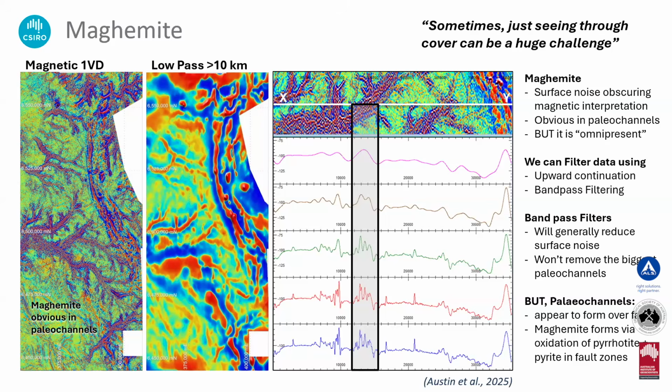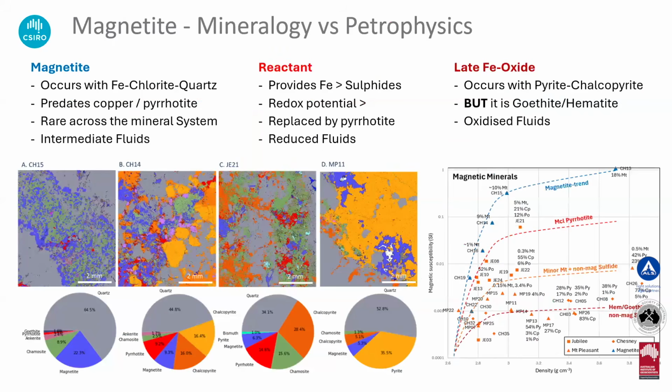So we are seeing something in the mag, and I'll just tell you what that is quickly. Unlike at Cloncurry, where magnetite is basically the main magnetic mineral, here it's mainly pyrrhotite. There is magnetite. You can see here, it's mainly the same color system we've used: quartz in gray, blue is magnetite, green is chlorite.